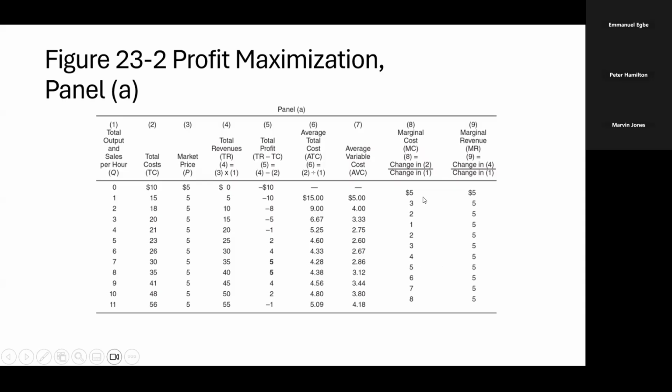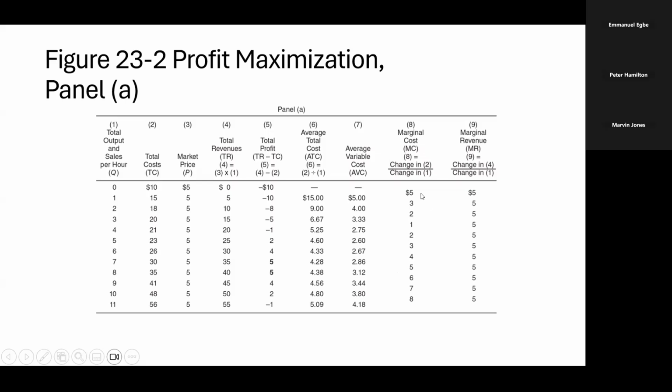So you can see here the marginal cost is declining, declines and declines, and hits bottom at 1 and then begins to rise. Okay? And when it rises to the 5, you can see that both marginal revenue and marginal cost are 5.